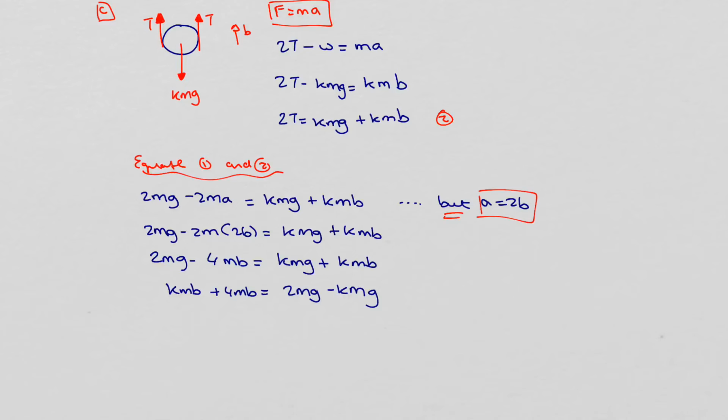And I can see that mass is going to divide all the way across there, so m is going to go into each of those. If I take out b as being common here, I get k plus 4. And then if I take out g as being common there, I have 2 minus k times g. So dividing across by k plus 4, I'm left with 2 minus k over k plus 4 times g for b.